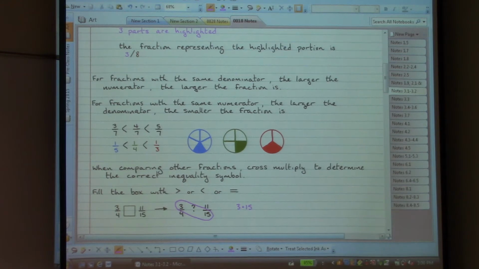In order to create the other bar on our cross shape, we would use the other pair of numbers, the bottom of our first fraction and the top of our second fraction.